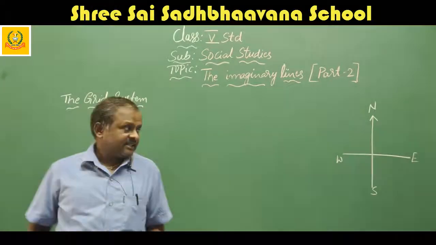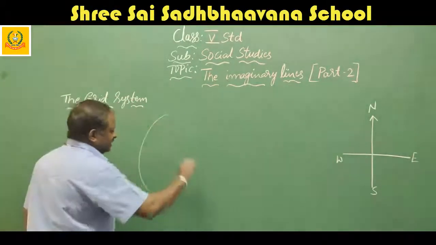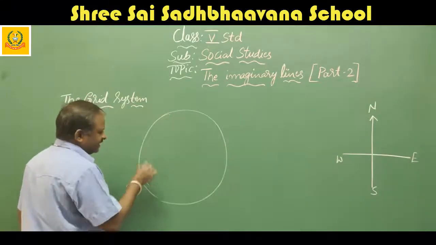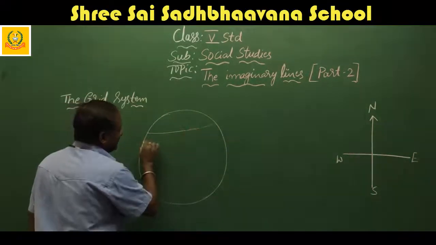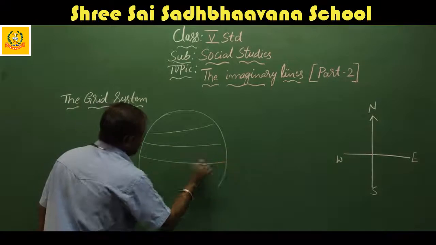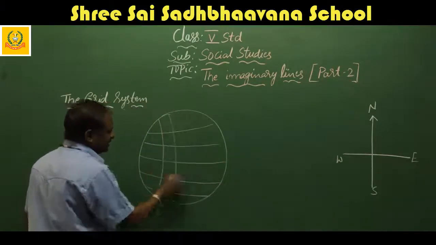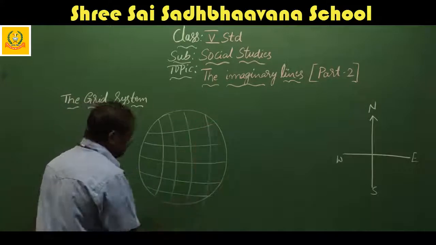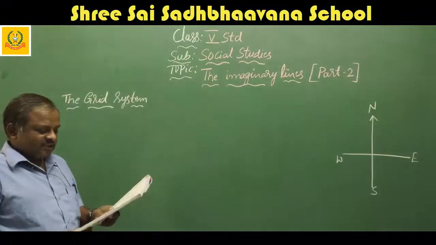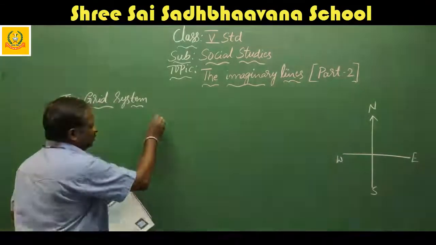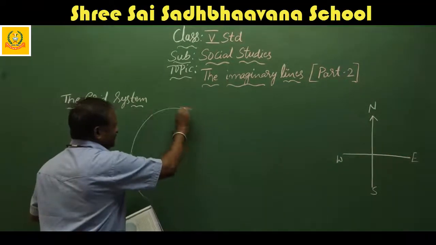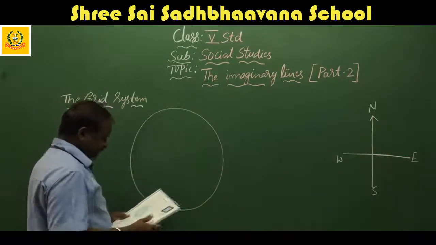Here I have explained that on the globe we are drawing the parallel lines as well as vertical lines. So in the globe, you know very well how the lines are.